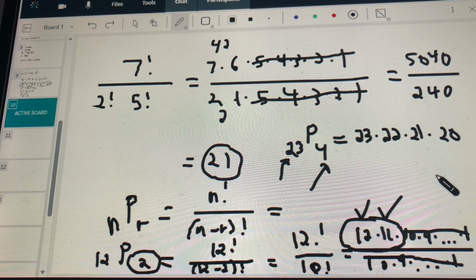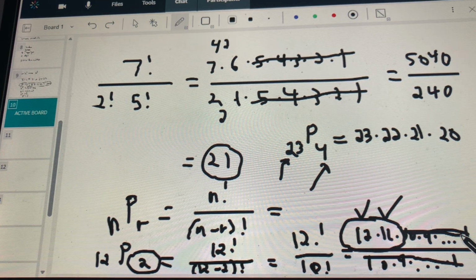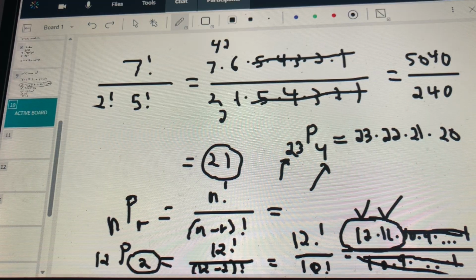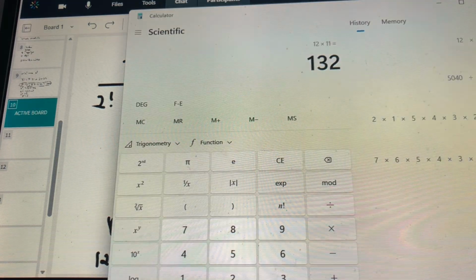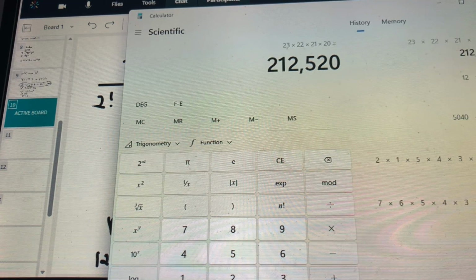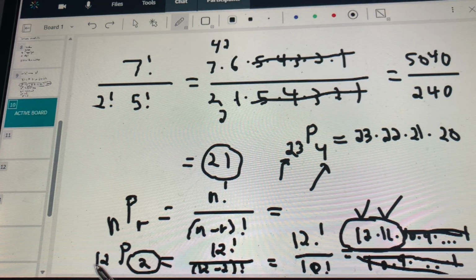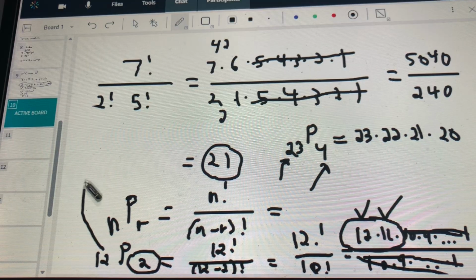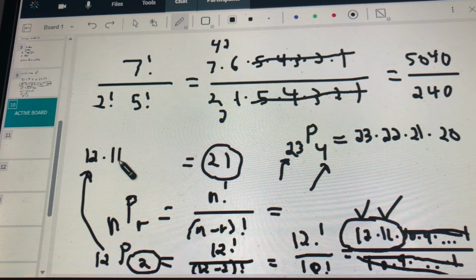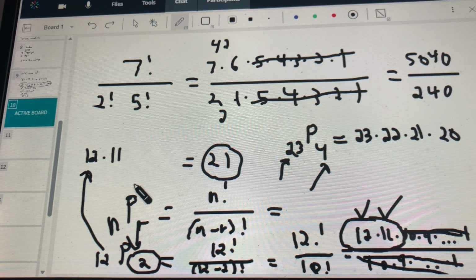Because everything else will cancel out. Just like the 10 down to 1 here cancels out, the 19 down to 1 is going to cancel out on this problem. So for me, it's easier just to do 23 times 22 times 21 times 20 to get this answer right. I made this problem up, but that's how you would do that. So 12 permutation 2, the shortcut to doing it is you start at 12, you decrease by 1 until you have just 2 numbers, so stop after 2 numbers, 12 and 11.